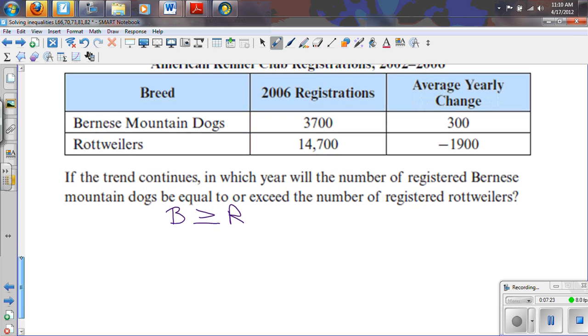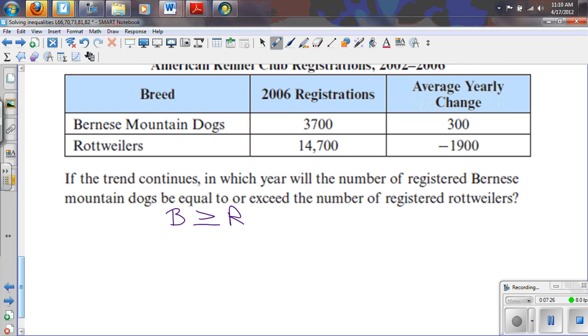So we need to look at equations for the Burmese and the Rottweilers. So the Burmese here has 3,700 to start with, and it changes 300 every year, and we don't know how many years this is going to happen. So 3,700 plus 300x, because we don't know how many years, or you could use y for years, is greater than or equal to the Rottweilers, which starts at 14,700 and adds negative 1,900 every year.